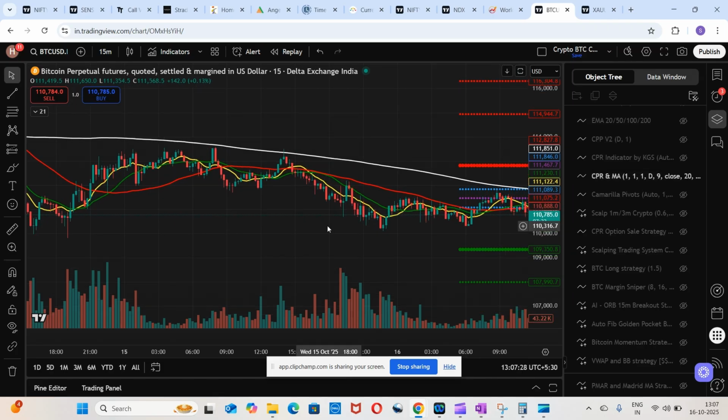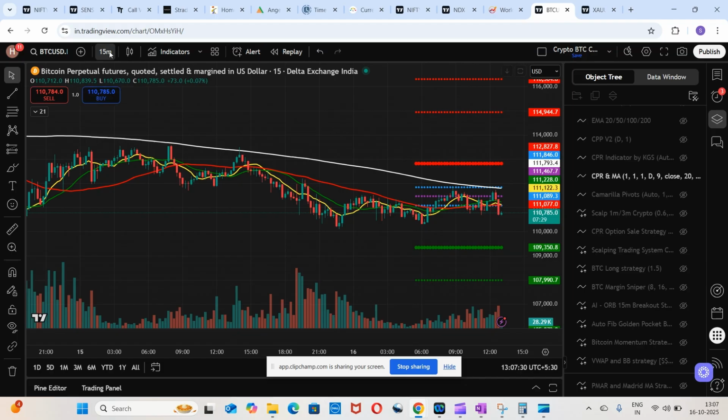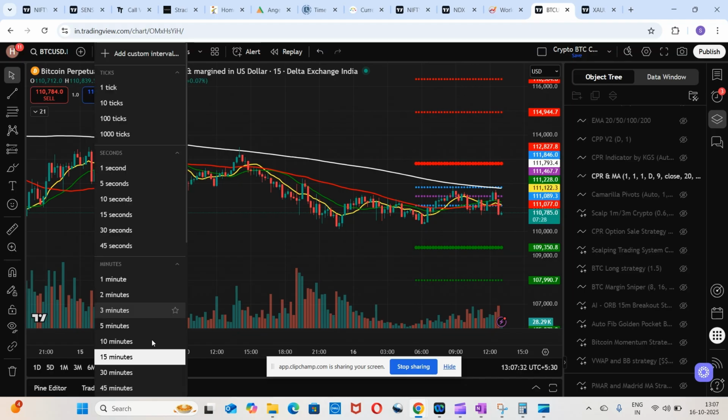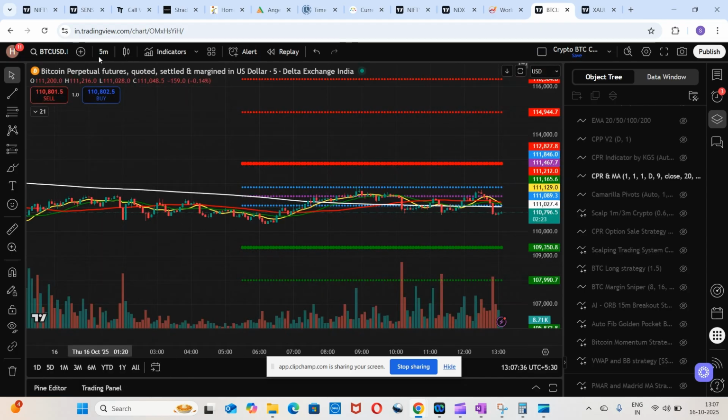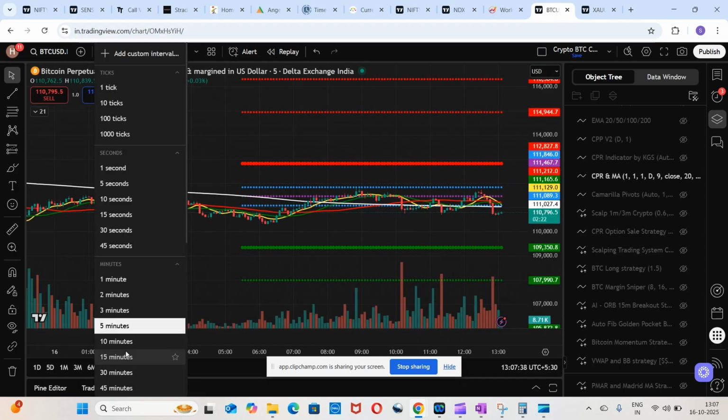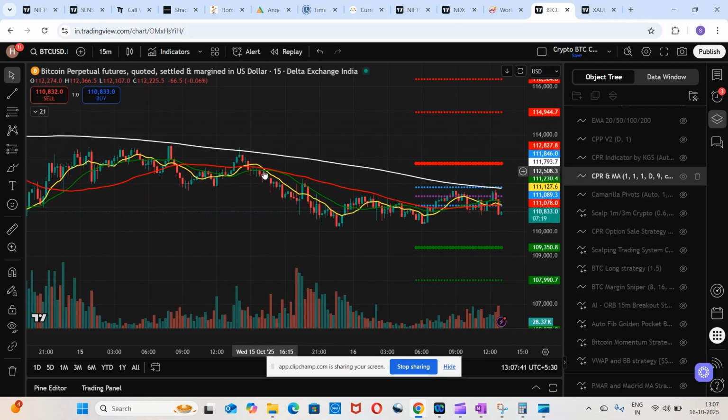On a shorter time frame, 5 minutes is too short, so let's use 15 minutes. On 15 minutes we should use the crossover of 9 and 20, and the 200 EMA as well as the 50 EMA we can use for overall trend direction.